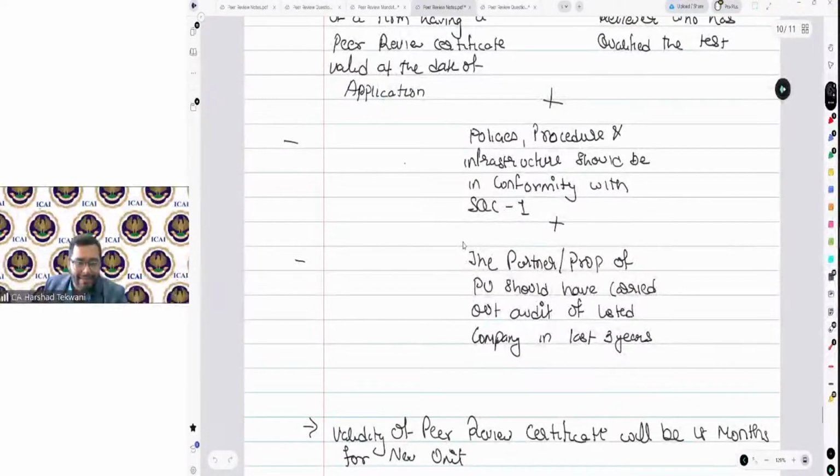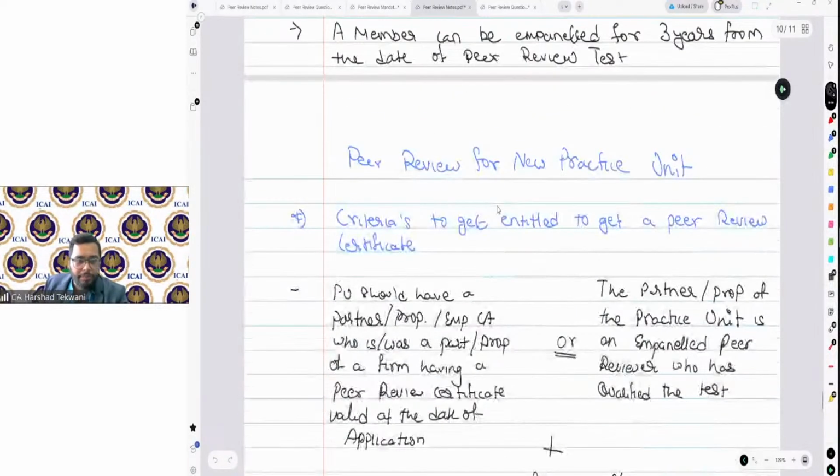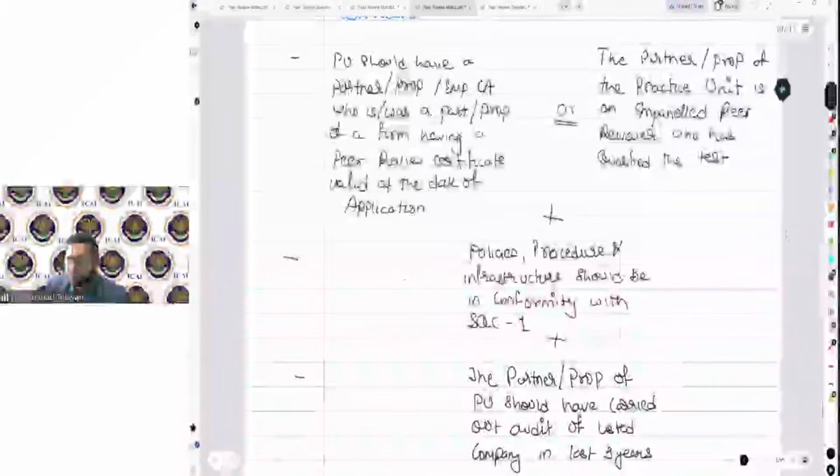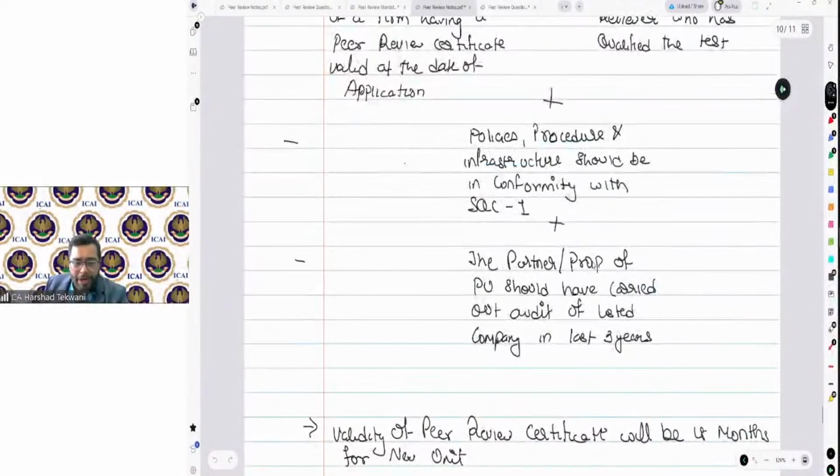What the criteria says is that the partner or proprietor of the practicing unit should have carried out the audit of a listed entity in the last 3 years. If he has done that, then it will be sufficient to qualify for this criteria.